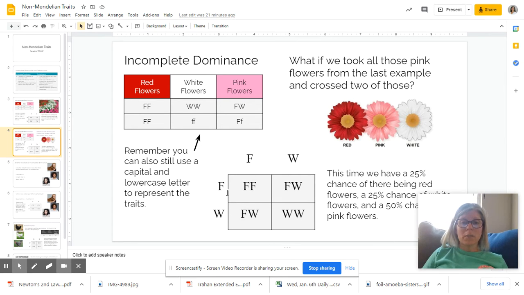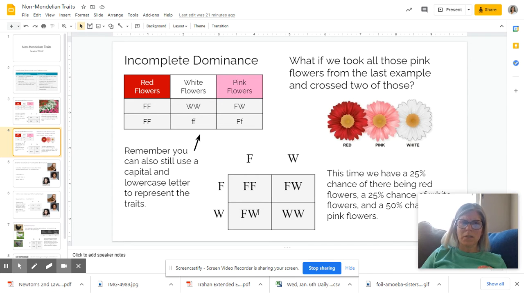When we cross these pink flowers, you'll notice that you get this box with two Fs, which is red, this box, an F and a W, which represents pink, this one, an F and a W that represents pink, and then this one, which represents white. And so this time around, with two pink flowers, you actually have a 25% chance of having red flowers, a 25% chance of them being white, but a 50% chance that the flowers could be pink, just like the parents.